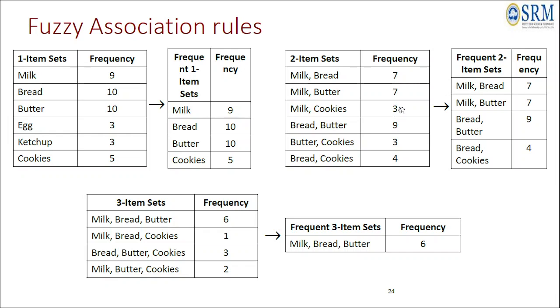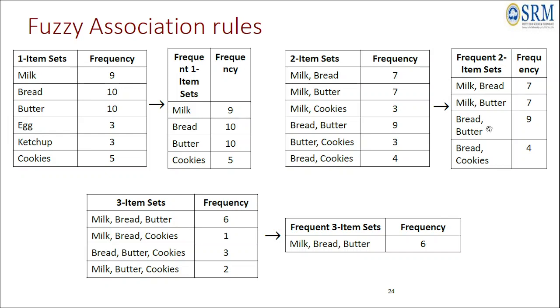So if again here the minimum support is 30%, so that's why it is 3 by 12. We are excluding them. We are going with 7, 7, 9, and 4. So these are the four cases, right?